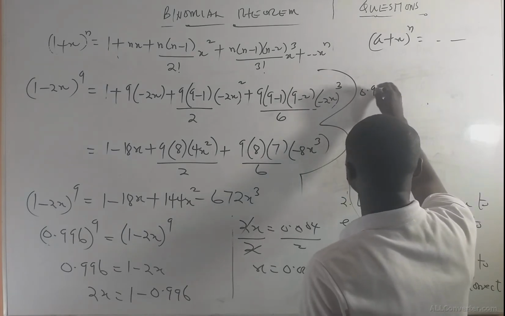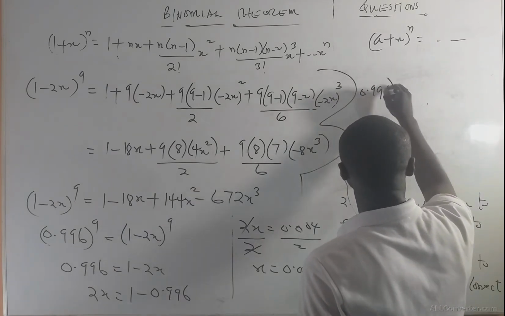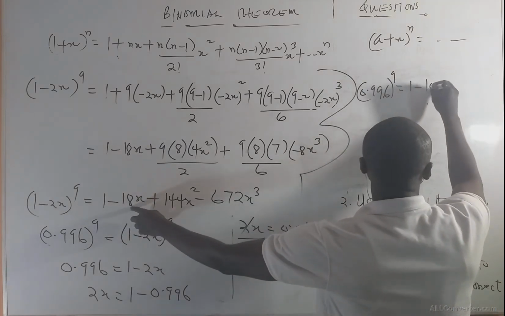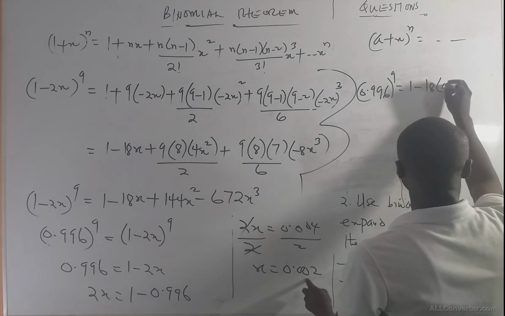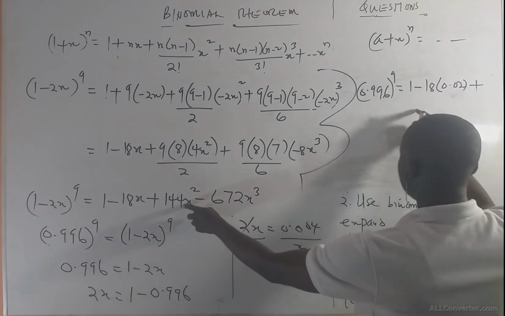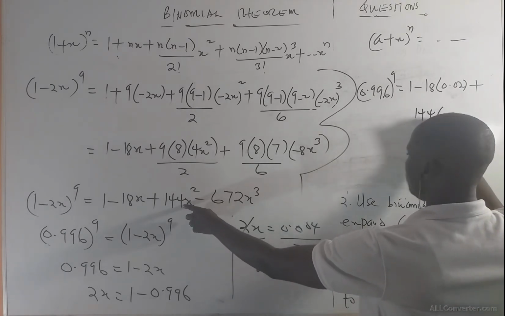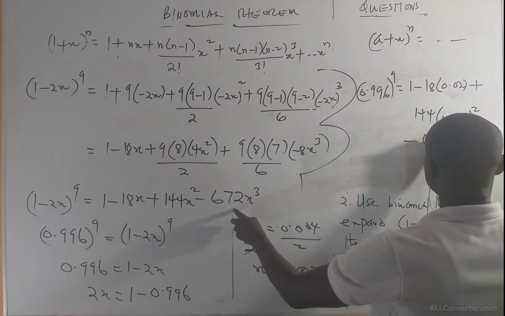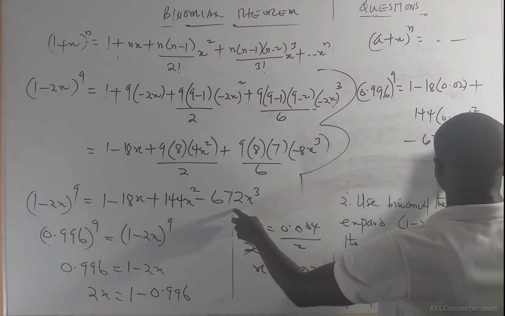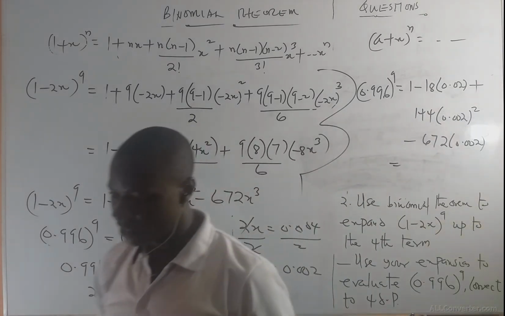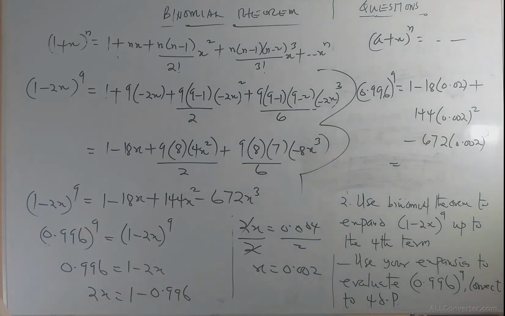That means our 0.996^9 will now be, the expansion is 1 - 18x, that's 18 times 0.002, plus 144 times 0.002 squared, minus 672 times 0.002 all cubed. So this one you just simplify and your final answer will be out.